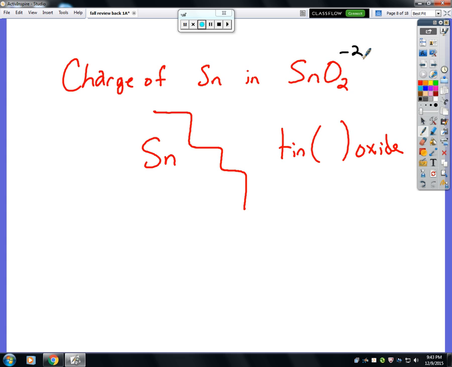Oxygen's charge is minus 2. 2 times minus 2 is minus 4. So that means tin has to have an overall charge of 4. If there's 1 tin, that has to be positive 4. So if you were to name it, it would be IV here. But tin's charge is positive 4 in tin oxide.